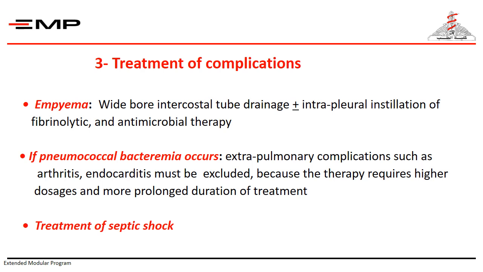If pneumococcal bacteremia occurs, extrapulmonary complications such as arthritis, endocarditis must be excluded because the therapy in these cases requires higher dosage and more prolonged duration of treatment. And finally, we should treat septic shock if found.